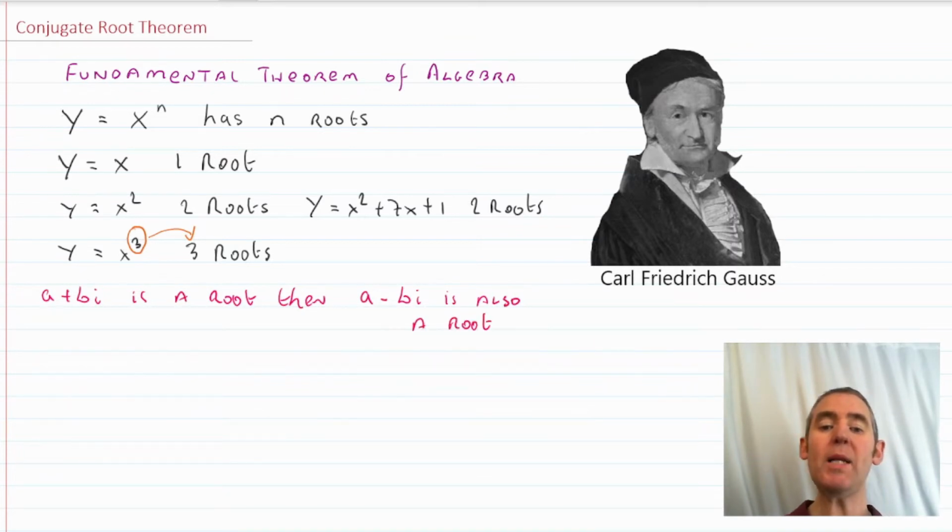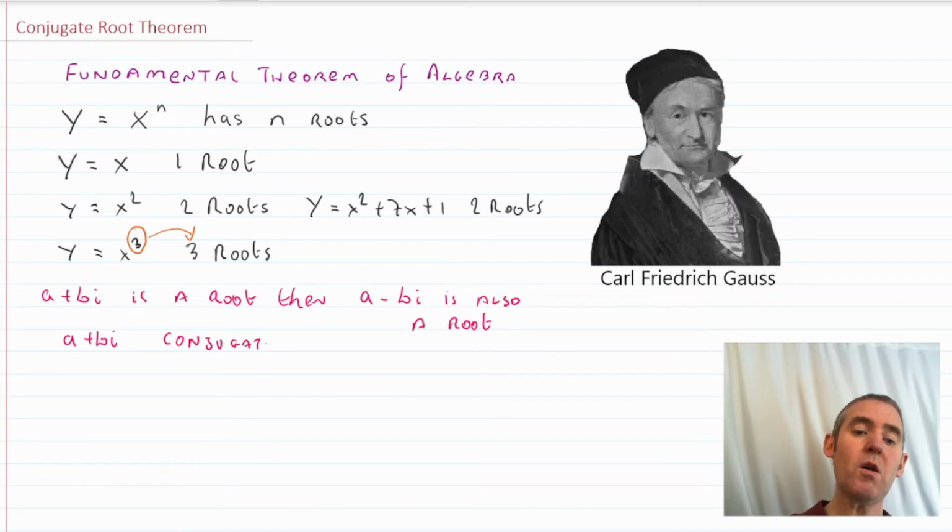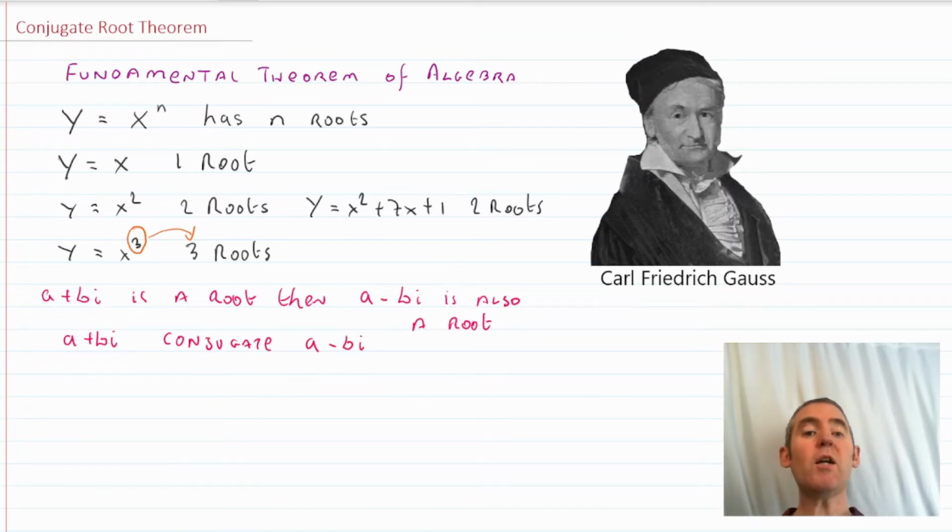And a minus bi is the conjugate of a plus bi. Just to go over that again, the conjugate of a plus bi is a minus bi. So let's take a look at an example.